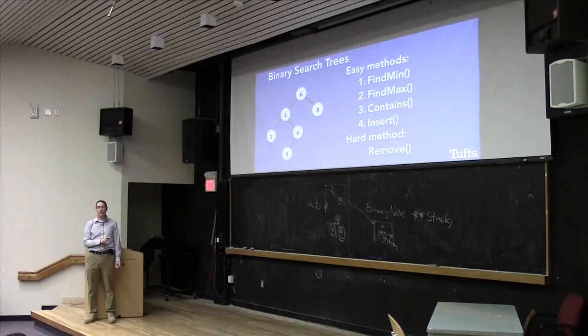When we say that the invariant is that the things on the right are greater than the node itself, what that actually means is you have to have some way to compare two nodes. If they're just integers, that's easy, right? If they're floating point, we have a little trouble comparing floating points, but it's not the end of the world. If there are other things that don't have numbers associated with them, you have to figure out some way to compare them. And it's probably going to be a numbered system. If it was letters of the alphabet, you'd have to number all the letters and use the numbers of the letters.